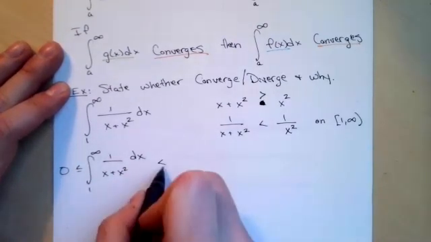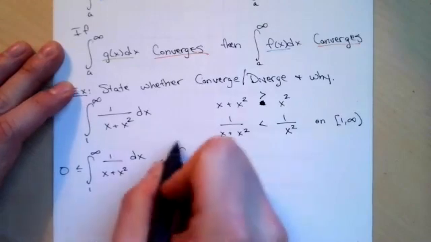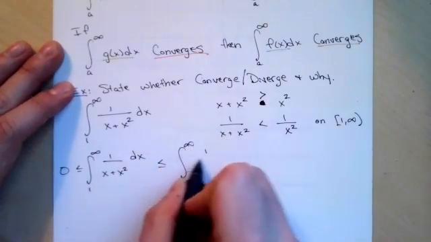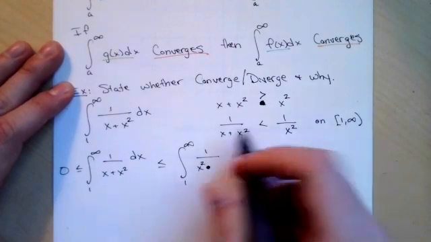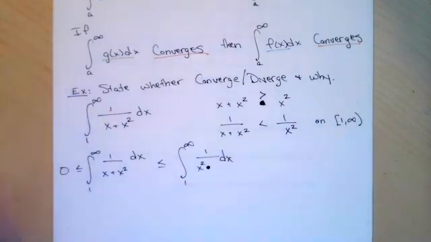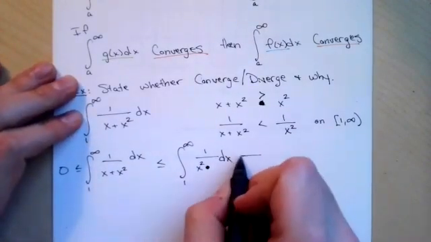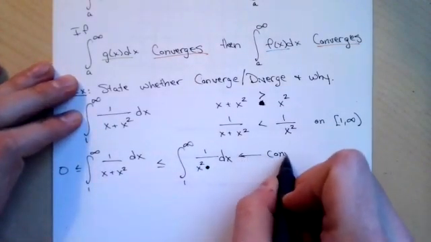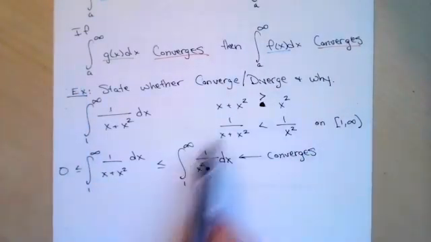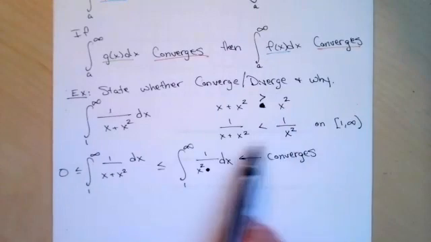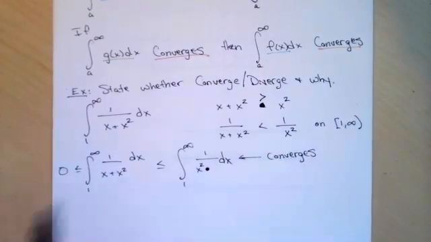And we also know that it has to be less than this integral, x squared. And we know that this guy converges. So we're comparing our function to a bigger or smaller function and then determining convergence based off of that.